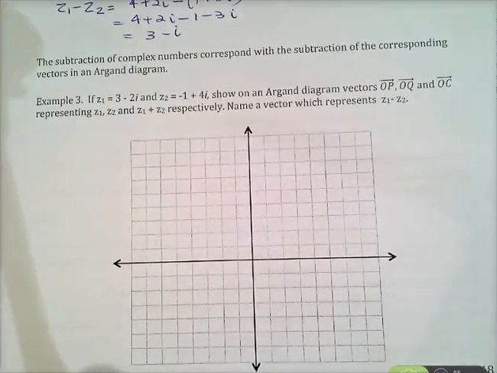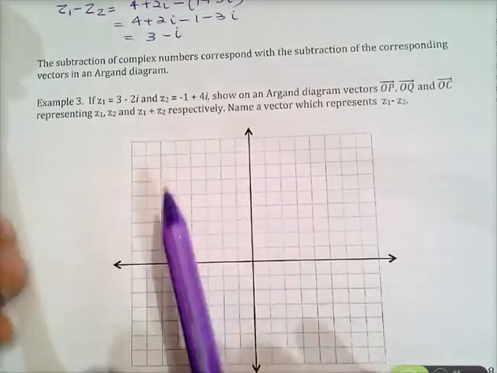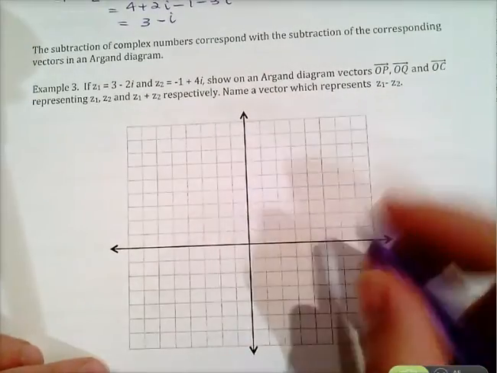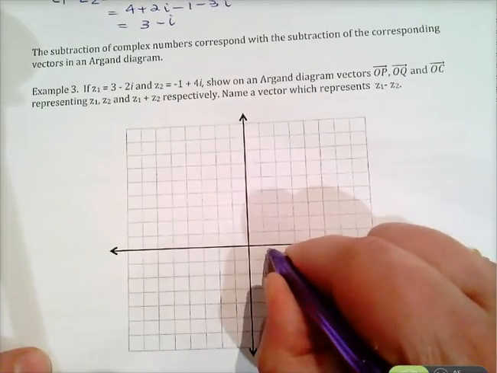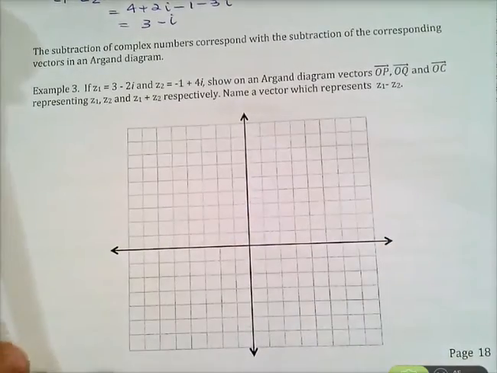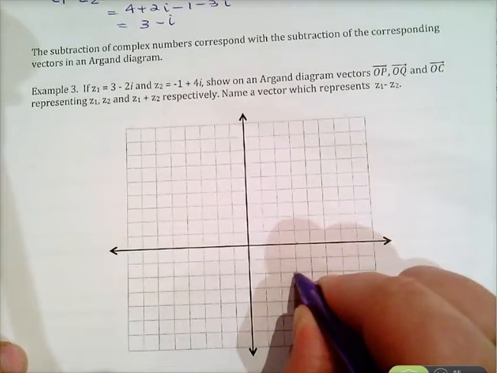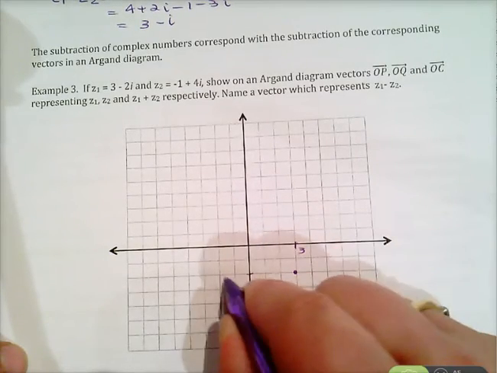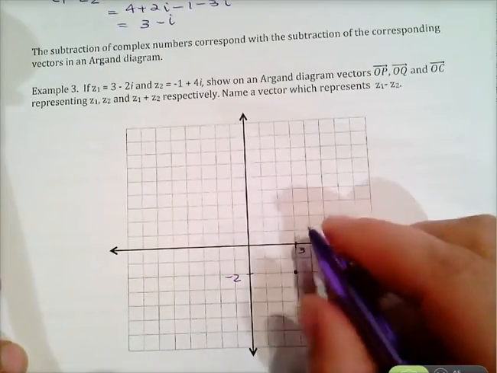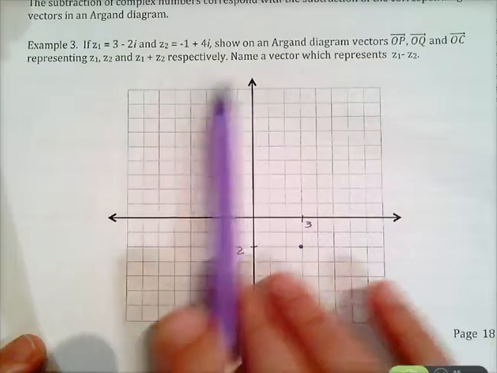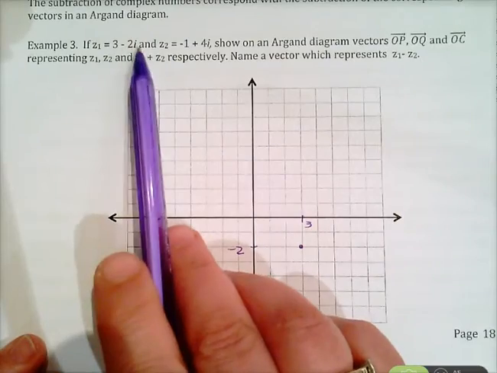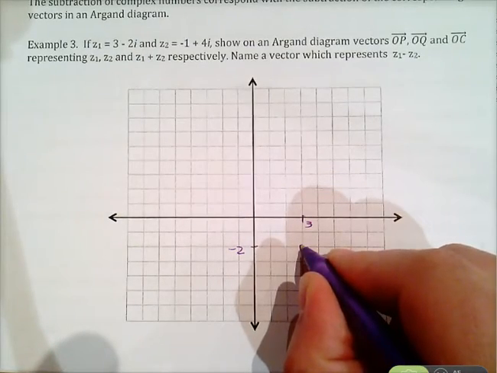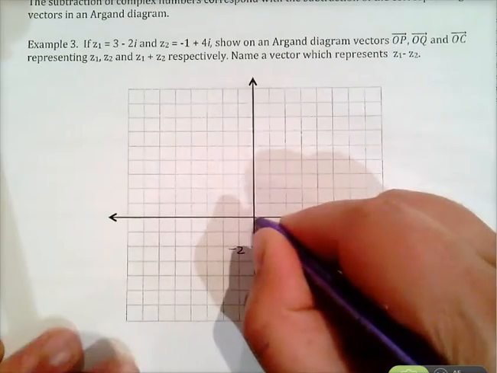So just another example here. If Z1 is 3 minus 2i, I'm just going to do that. So I've got 3 minus 2i. So that's 3, that's minus 2. So that's my 3 minus 2i.